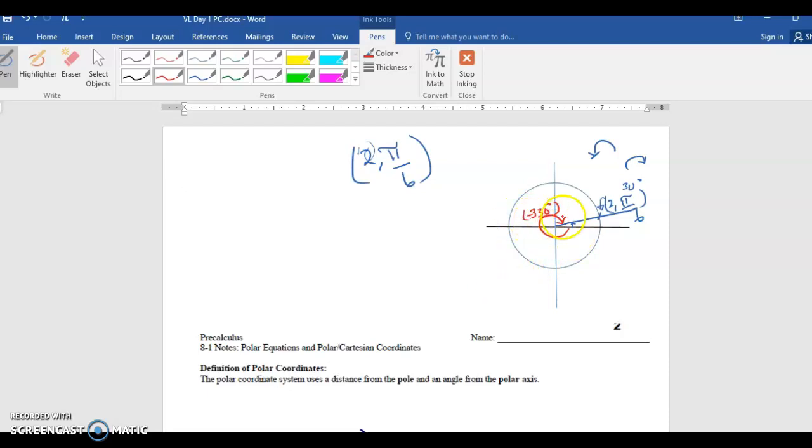So that's the angle I'm referring to. The same point could be written as 2 comma pi over 6 and 2 comma negative 11 pi over 6, which is the negative 330 degrees. So that is one other representation. There are 2 more that you could represent it as.